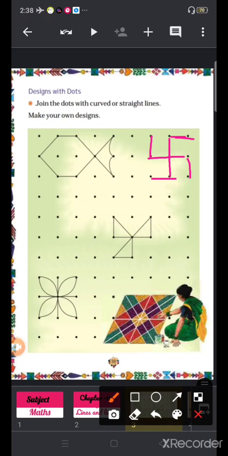Okay, like this you can draw a figure of your choice. Use curved lines, use slanting, standing or sleeping lines and make your own designs. Okay, so on page number 88 you will draw any design.